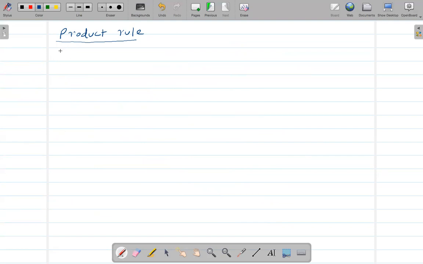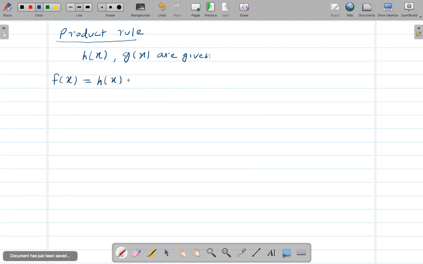Okay, so product rule, let's say h of x and g of x are given. Basically, what I'm trying to say here is, let's say f of x is equal to h of x times g of x. So you have some equation multiplied by another equation.